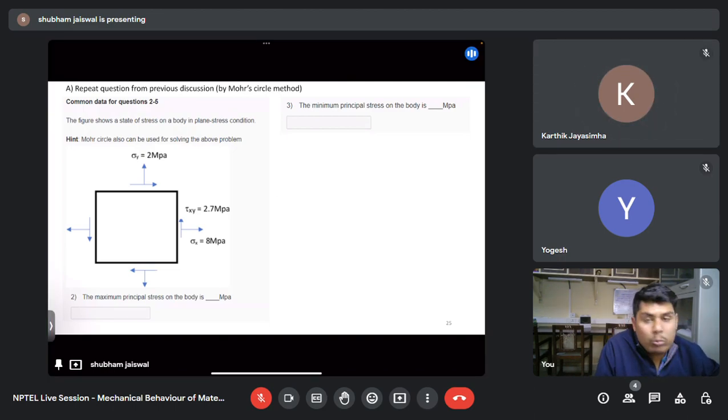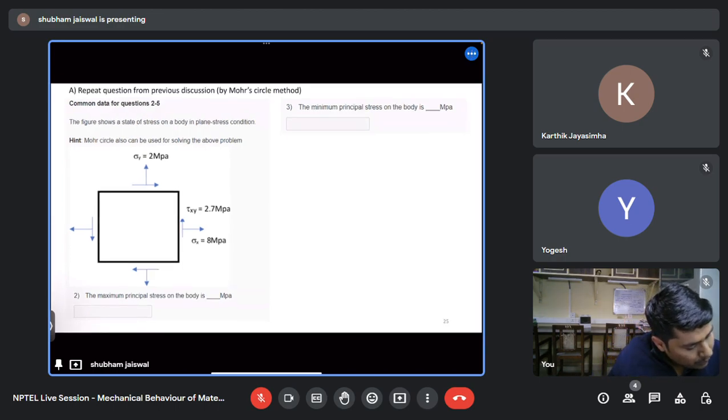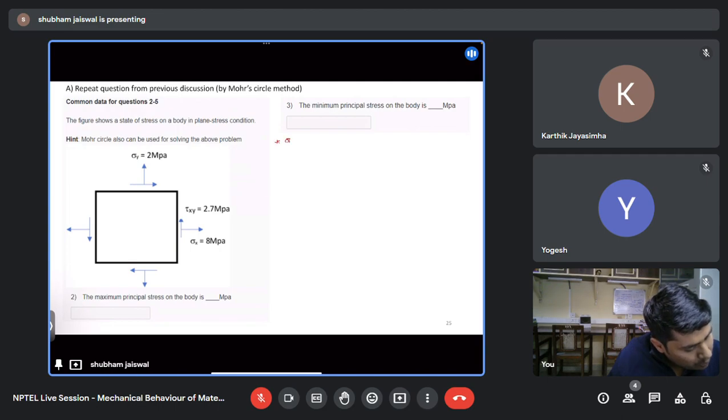Yeah. So now we will try to solve some problems. This same question we have solved in the week 1 discussion session. Now we will try to solve this problem using the Mohr method. Previously, we used sigma p cube minus I1 sigma p square minus I2 sigma p minus I3 equal to 0.